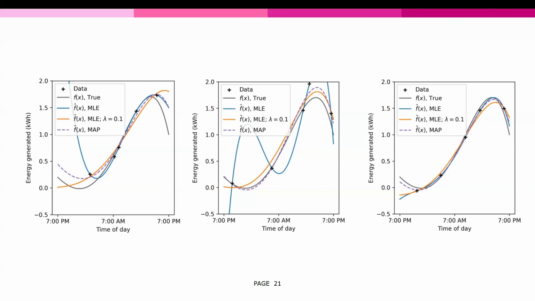And so in those cases, MLE using simple ridge or lasso regularization would be safer choices because those methods don't impose any strong external beliefs or rely solely on the observed data. So those wouldn't be prone to the risks of a poorly chosen prior.